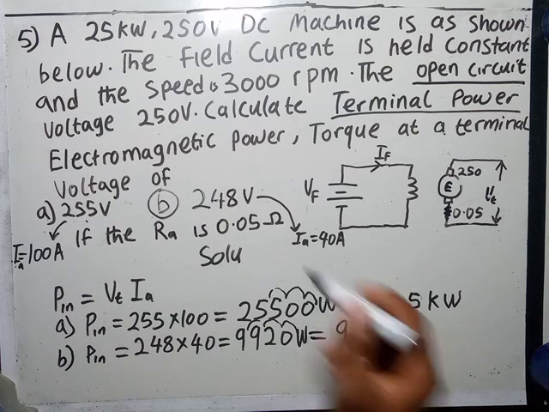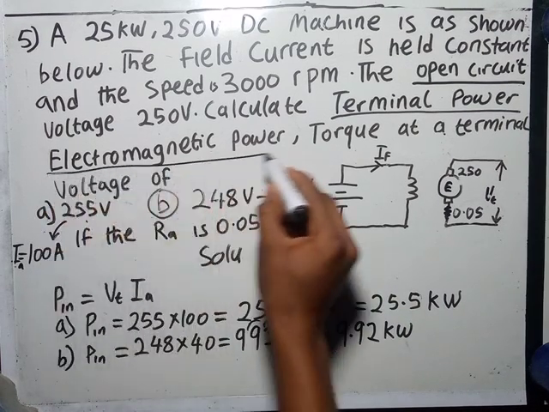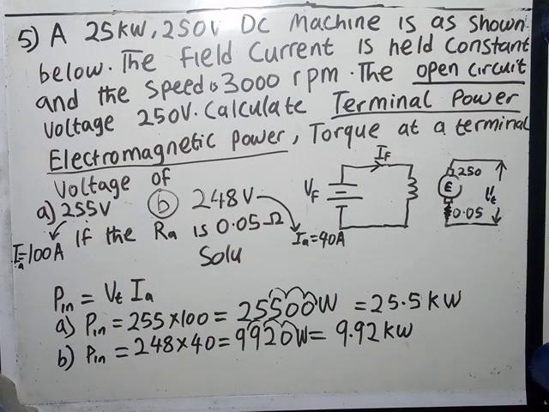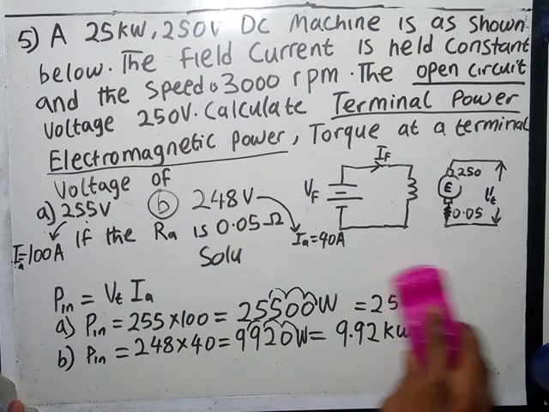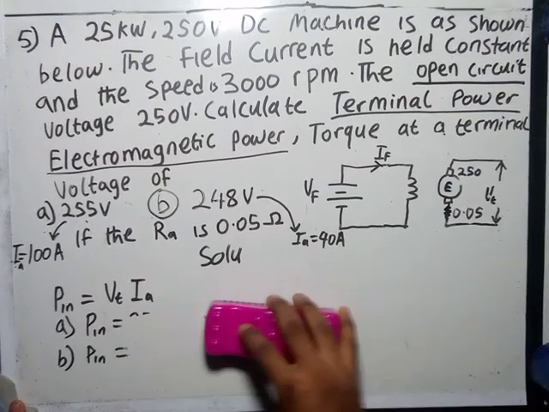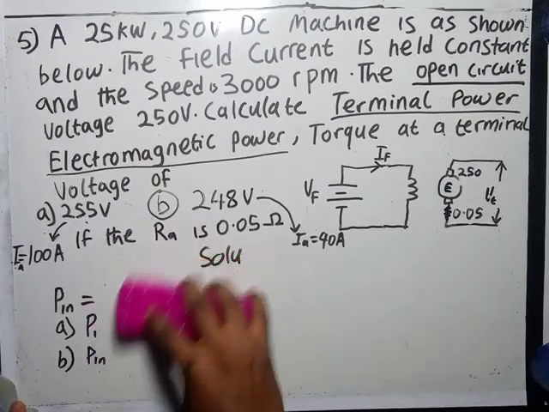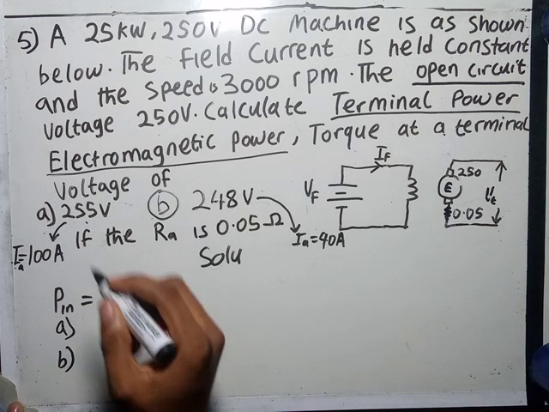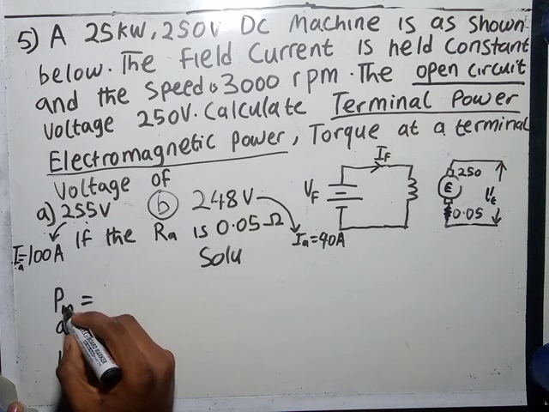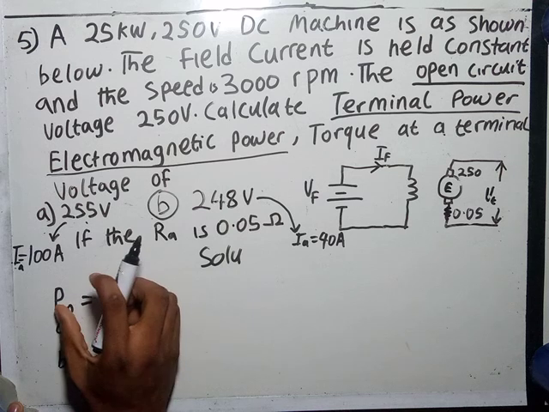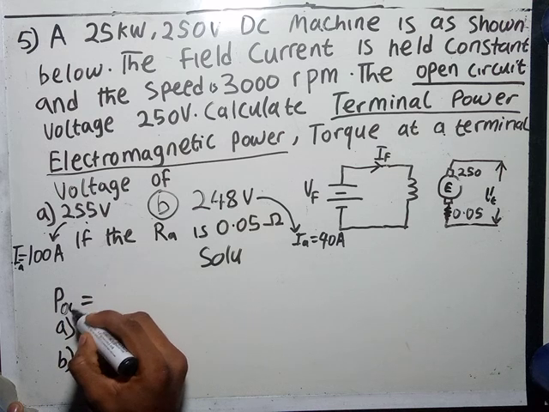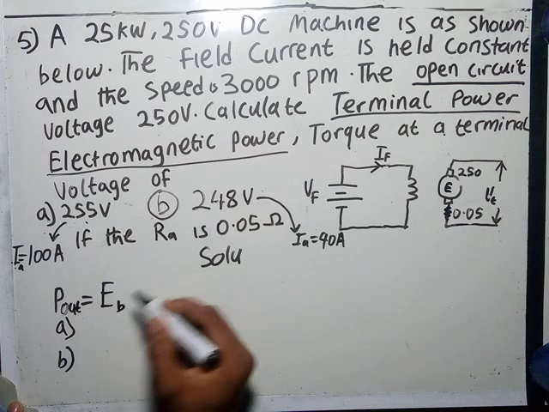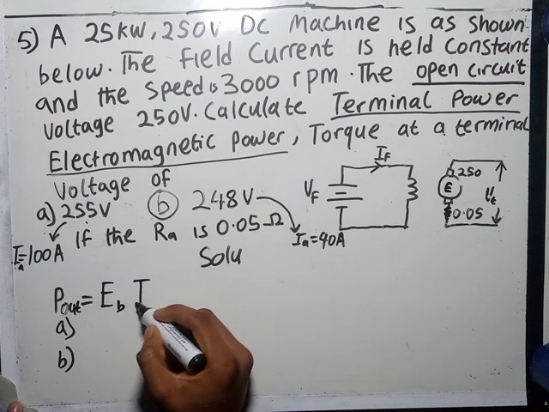Now for us to find electromagnetic power, our formula changes. This will be our output power now. This will be EB or EG times IA.